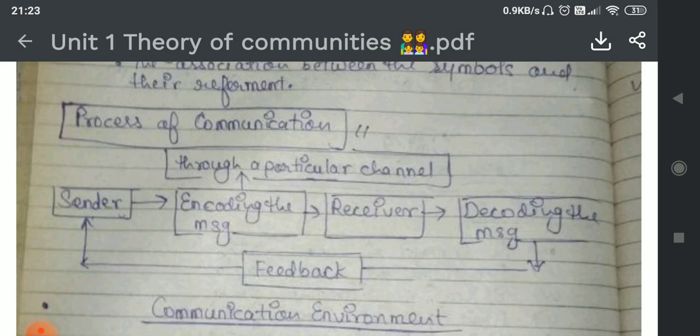Suppose you are trying to say something to me and I give you a bad or very fuzzy feedback, then it is clear that I didn't understand whatever you wanted to say. It means the communication process is hindered, and vice versa, it means the communication process is succeeding.